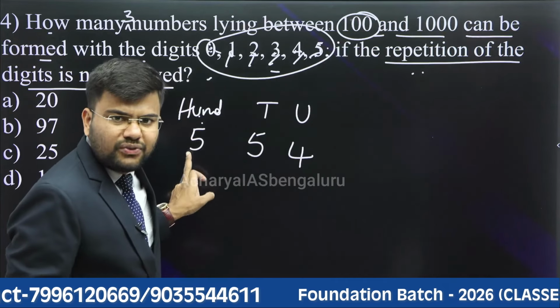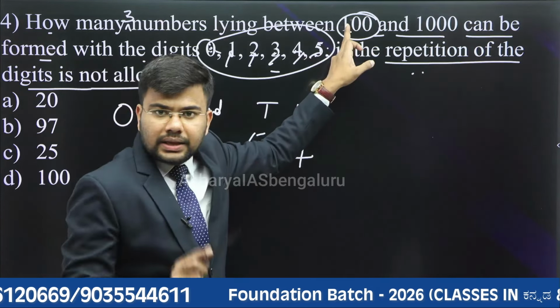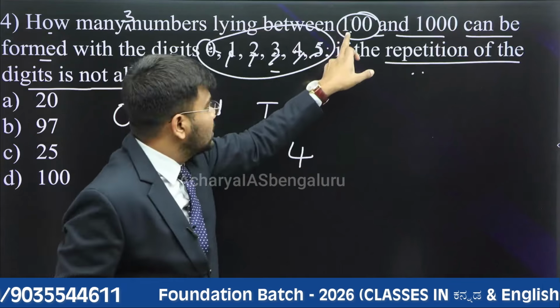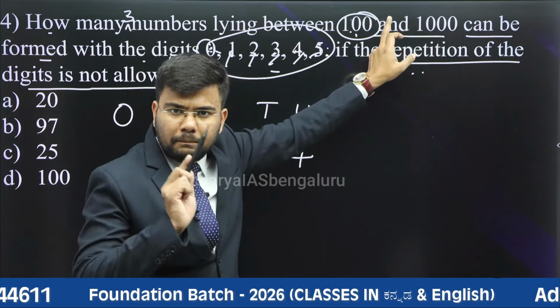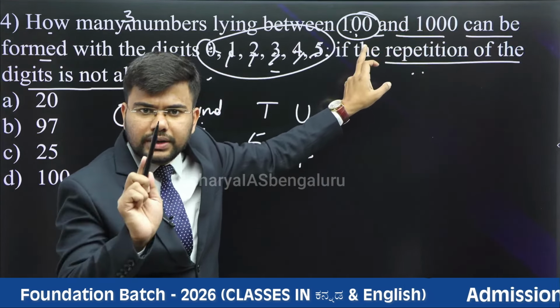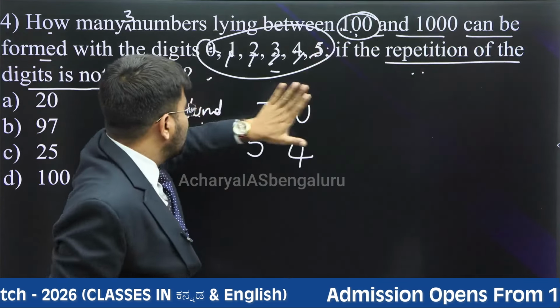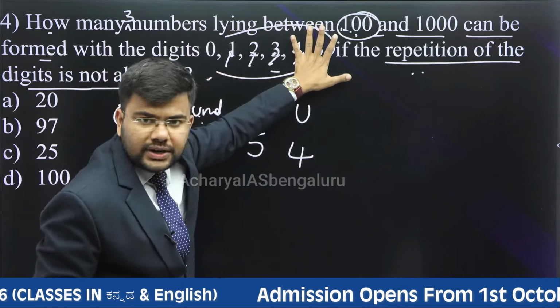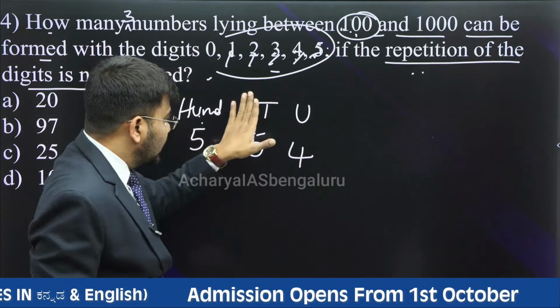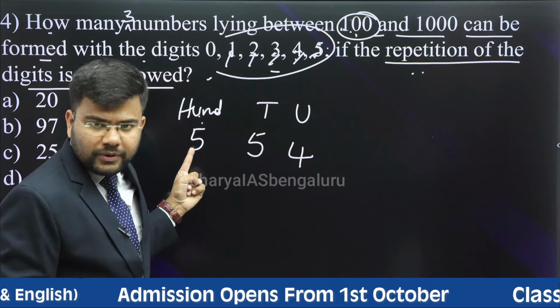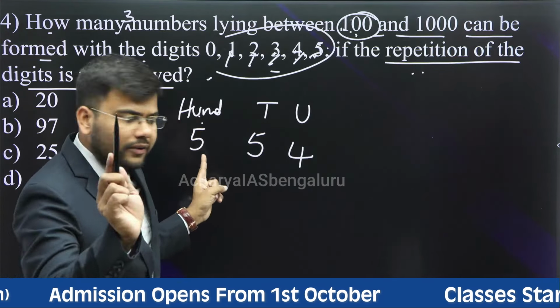Sir, why did you take 5? Because they are telling the number should be 3-digit, between 100 to 1000, so it's a 3-digit number. That means the 100 place can't be 0. If I leave 0, only 5 digits will be left out, hence 5. In the tens place, already one number is filled. Out of 6, one number is filled, left out is 5.